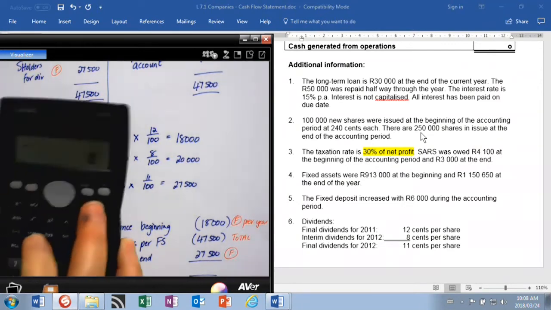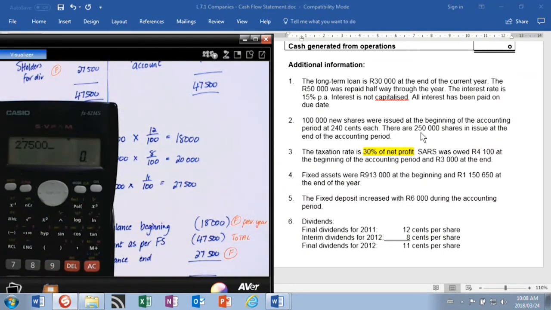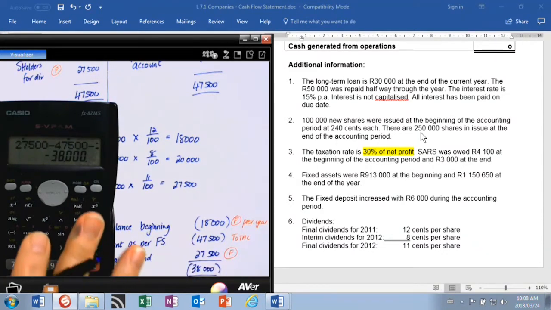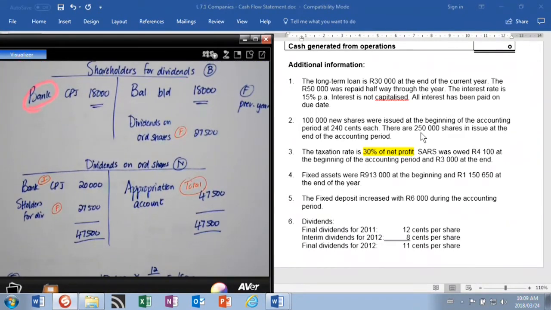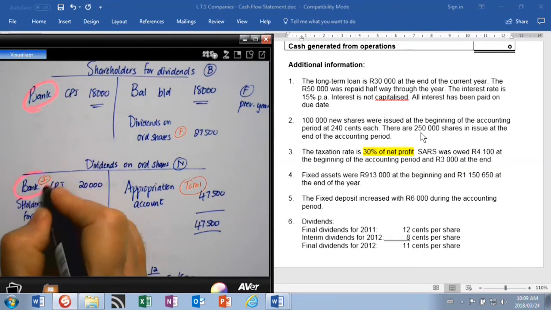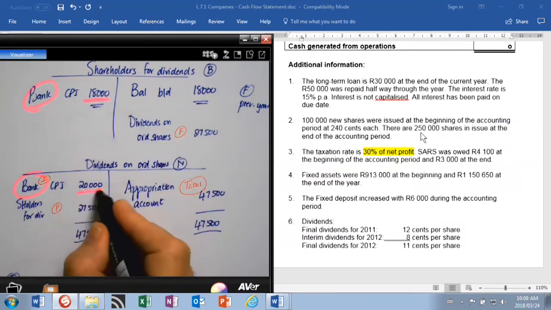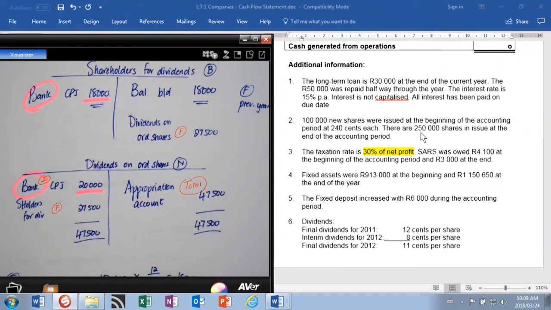If I do this calculation and I say 27,500 minus 47,500 minus 18,000, that shows me that we paid 38,000 rand. Now I'm going back to the ledger accounts to show you that is exactly what we paid if we add the two banks together, the 18,000 and the 20,000, and that gives you 38,000 rand.